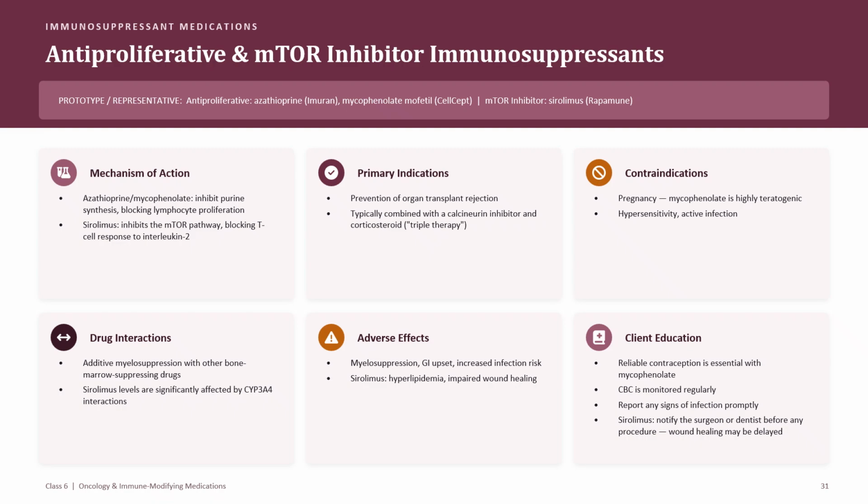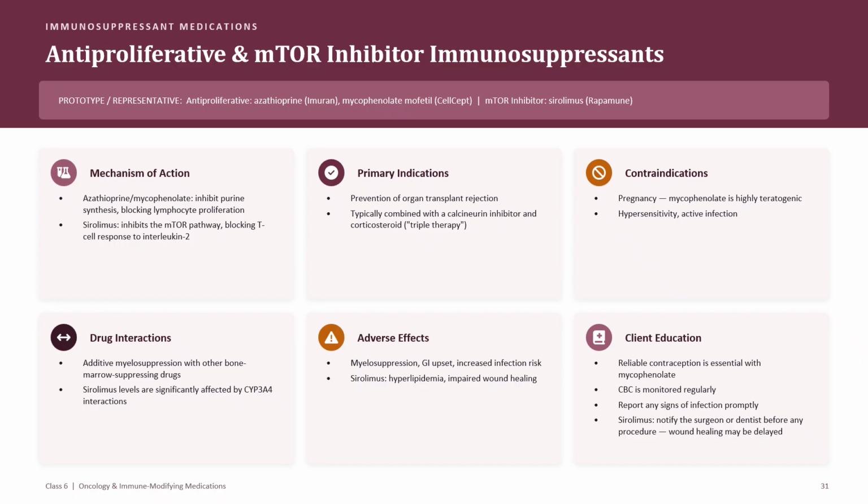Azathioprine and mycophenolate block purine synthesis. If you remember from earlier in the conversation when we were talking about anti-metabolites in cancer treatment, these are the medications that mimic the molecules needed to synthesize the DNA within the cell.